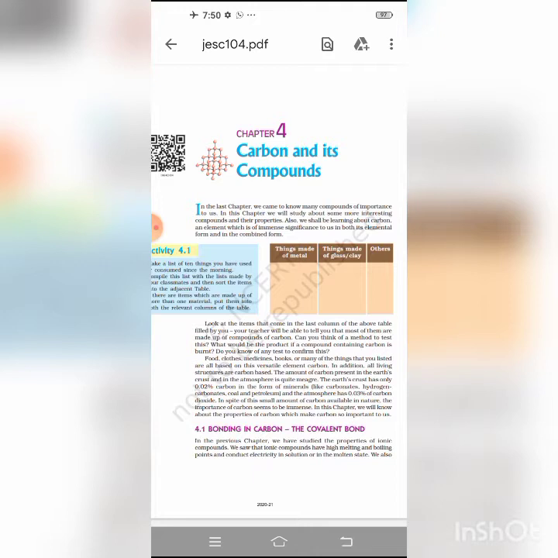And in the arrangement of diamond, each carbon atom is joined to 4 carbon atoms. This gives diamond a 3-dimensional structure and hardness also. As there are no free electrons, diamond is a bad conductor of electricity and it is a good conductor of heat.